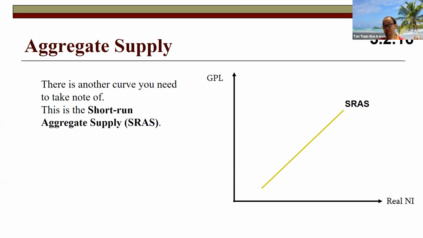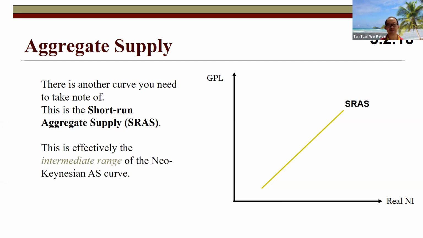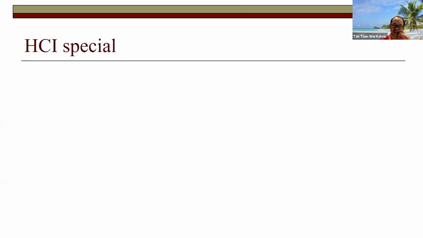If the pandemic gets worse, it might be possible for us to end up in the horizontal part. But most of us are at the diagonal part, the intermediate part of the AS curve. Once we reach full employment, we will be at the vertical part, which is the long run aggregate supply. So this is effectively the intermediate part of the neo-Keynesian AS curve.